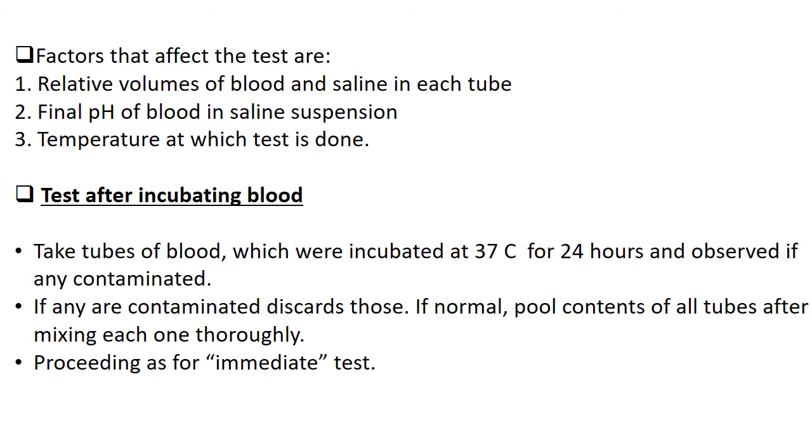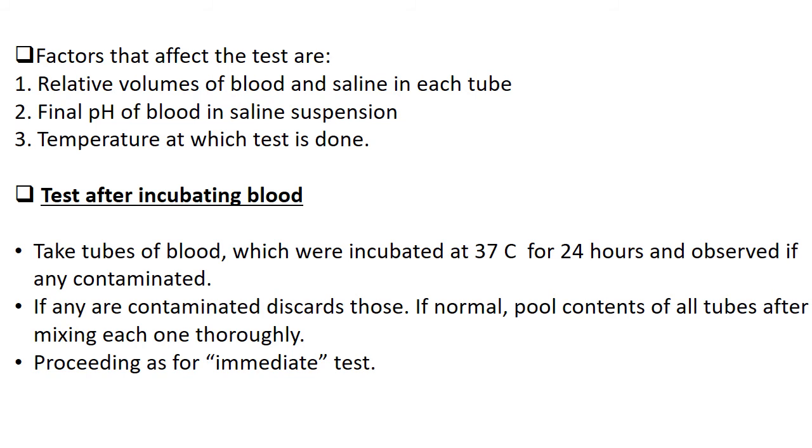Why we take so many tubes is because we keep it for incubation of 24 hours. During these 24 hours, there are chances of lysis of the red cells taking place due to various reasons. That's why the sample is separated in small aliquots and stored. Of these, if any are lysed, then that part is discarded and the others are taken and continued with the test.